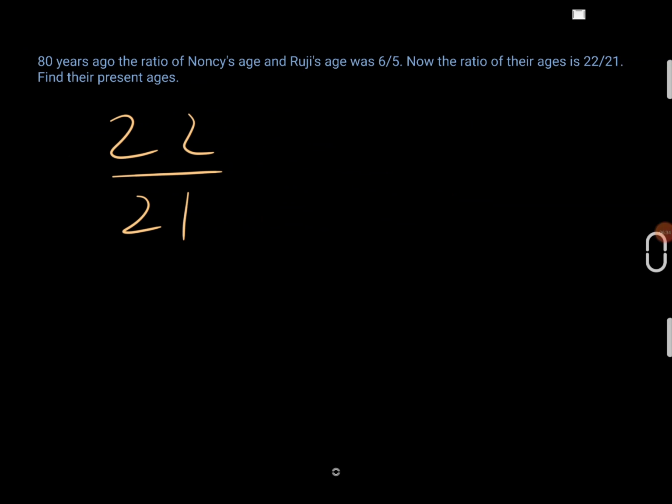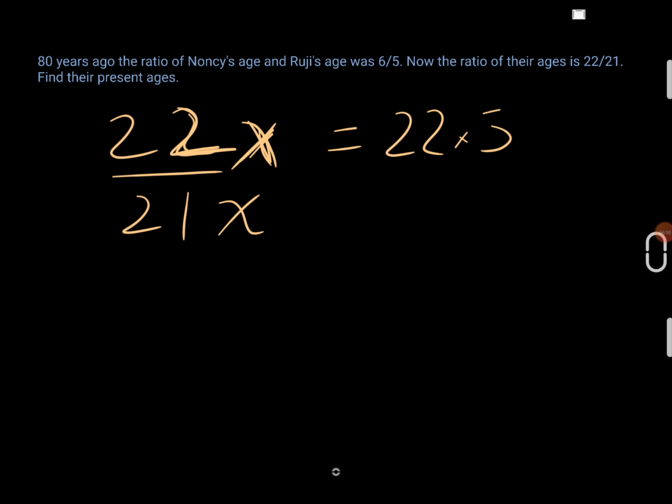Now, we know that this is just a ratio. Because it is only a ratio, I need to multiply by x, because it could be a simplified value. We don't know that. So let us multiply by x. 22 into x, and x is 5, so 22 into 5 is 110.